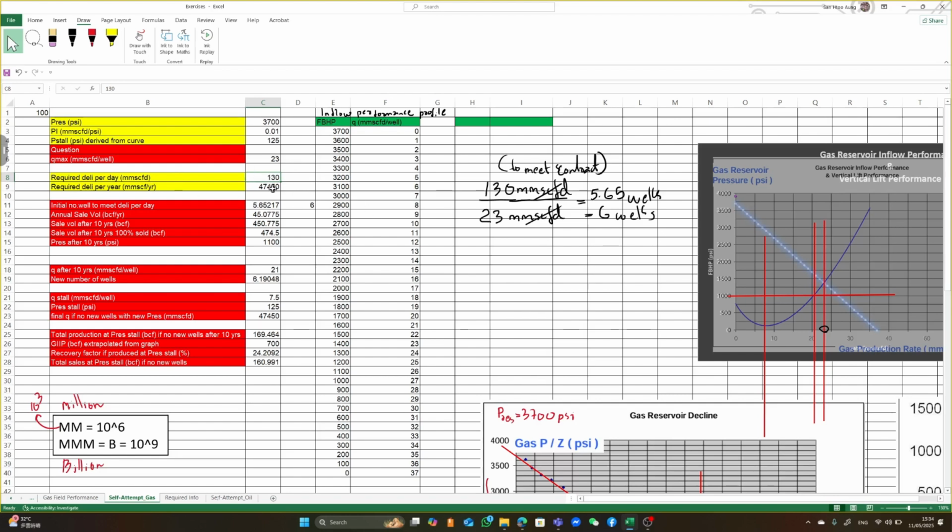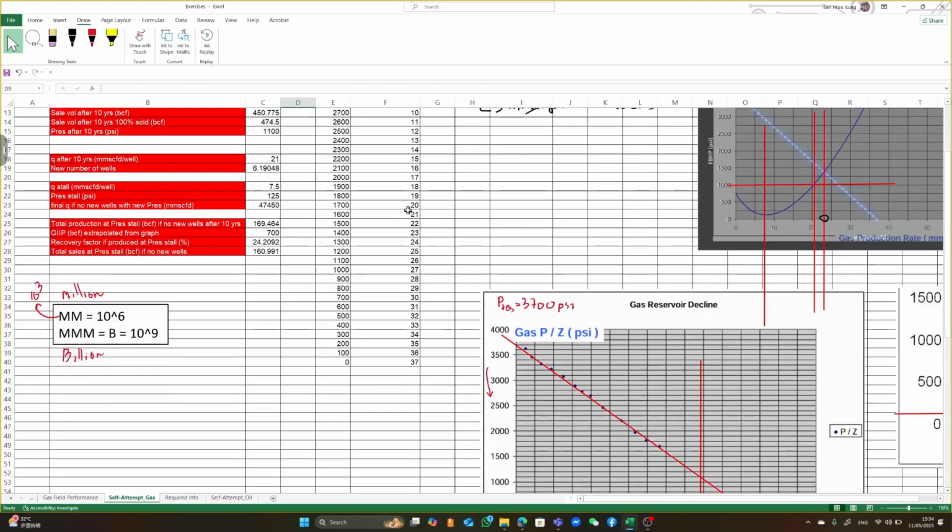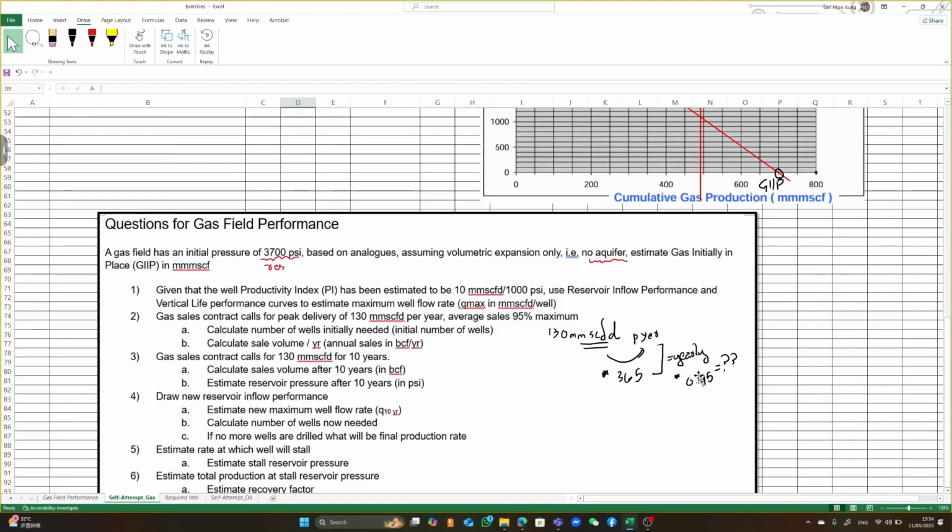So 130 multiplied by 365. We got the yearly production of 47450 million standard cubic feet per year. And we need to multiply this by 0.95, because we have 95% sales as the average.